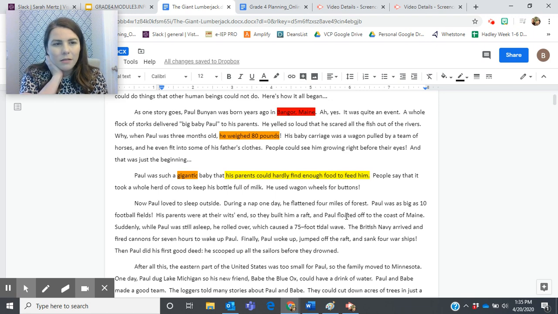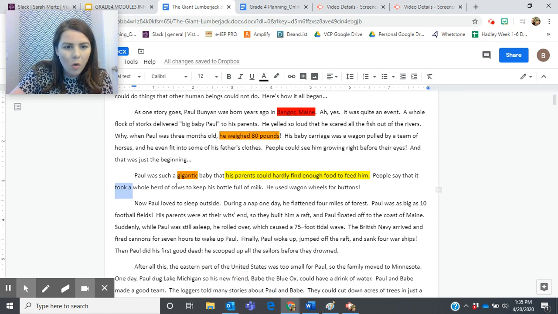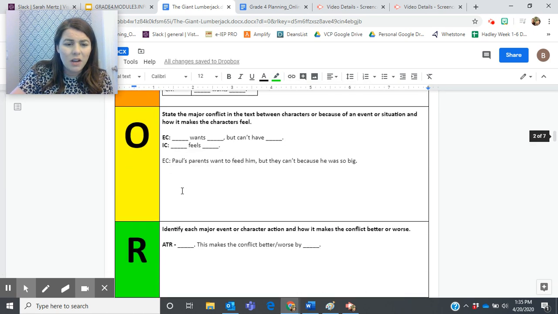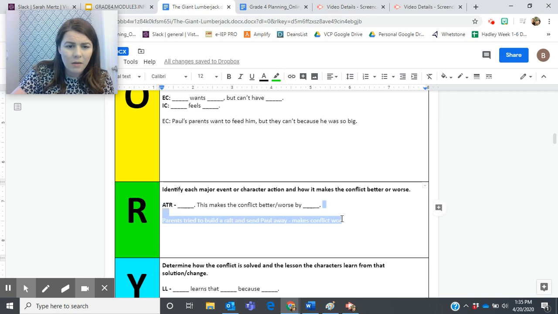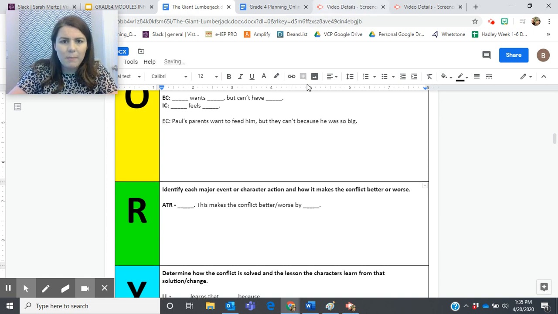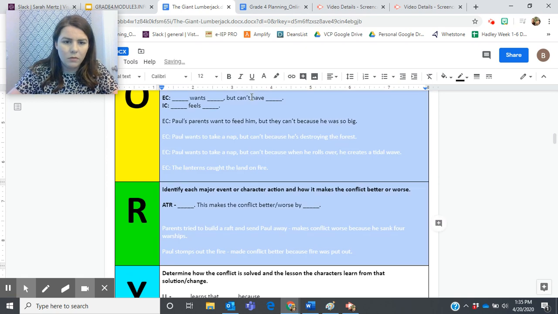What do you think? An attempt to resolve? Yeah, I think so too. It took a whole herd of cows to keep his bottle full of milk. I'm going to highlight that green. That was one of my attempts to resolve. So let's see, maybe I can fill it out here. I'm going to actually just type it out.